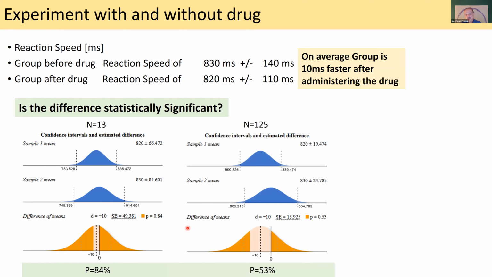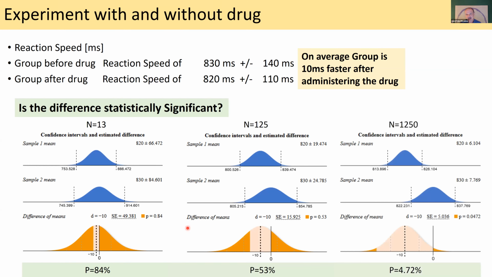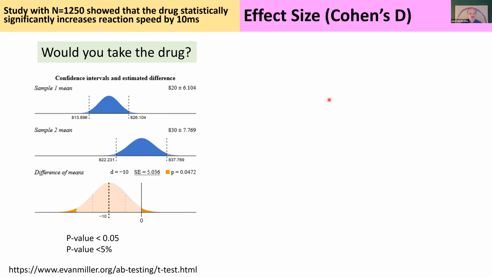An N of 125, still not significant. But with an N of 1,250, it is all of a sudden significant. So the question is, would you take the drug? To evaluate that, we're going to introduce the effect size as Cohen's d.